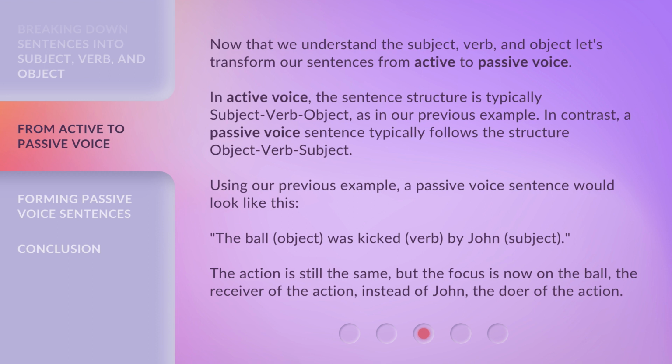Using our previous example, a passive voice sentence would look like this: The ball (object) was kicked (verb) by John (subject). The action is still the same, but the focus is now on the ball, the receiver of the action, instead of John, the doer of the action.